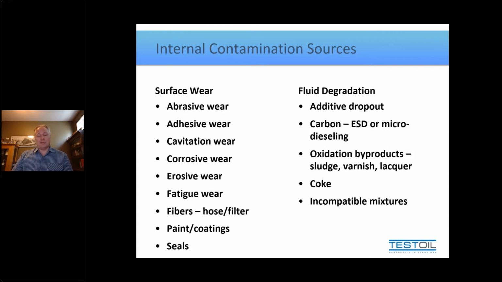So things like seals are meant to exclude some of those ingress particulate, but as they wear, they may contribute their own particulate. Things like filters and hoses are built of materials that if the filter or the hose degrades or fails in any way, it may shed its own particulate, never mind other particulate that's already been in the system.